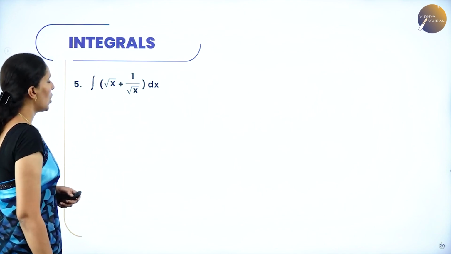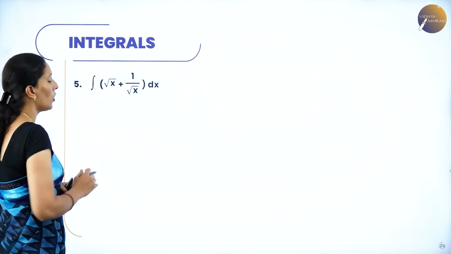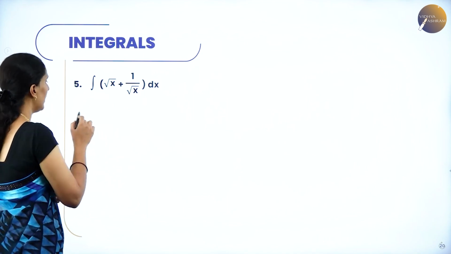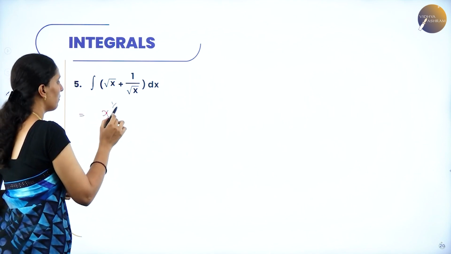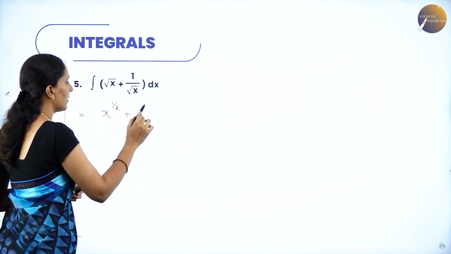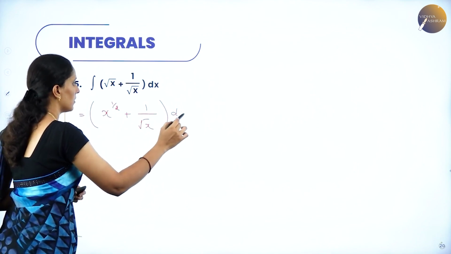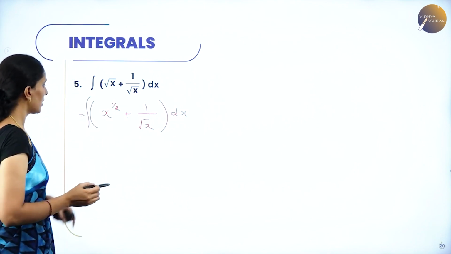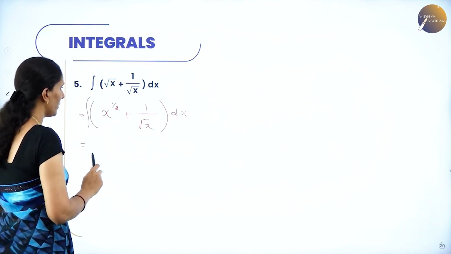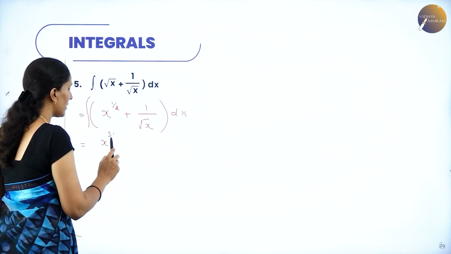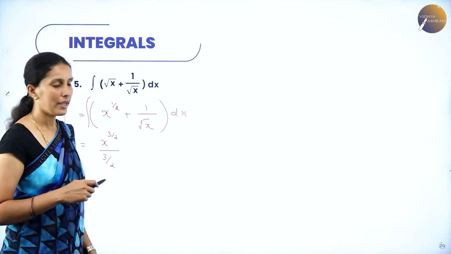Next, root x plus 1 by root x dx. So root x we have, thus here I can take this in the form of x to the power 1 by 2 plus 1 by root x into dx. Let us apply the integral property here. So here we get x to the power 1 by 2 means x to the power 3 by 2 divided by 3 by 2. That is x to the power n plus 1 by n plus 1.